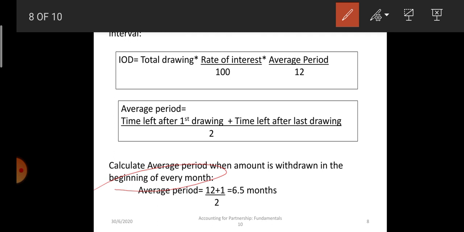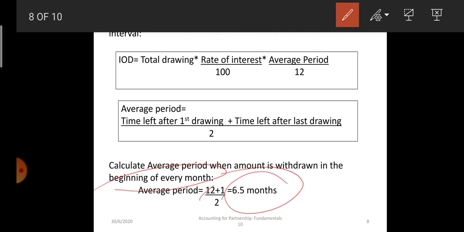So time left after first drawing will be 12 months. Here we have written 12 months, and on 1st December the last drawing is there. So from 1st December to 31st December it is 1 month. So 12 plus 1 divided by 2, you will get 6.5 months. Again all of you go through that. Average period if the amount is withdrawn in the beginning of every month.